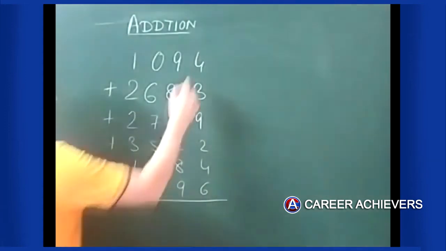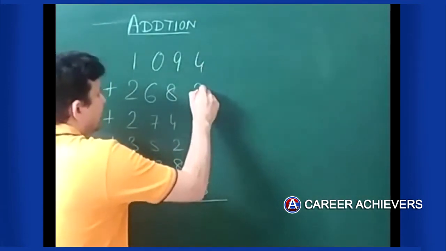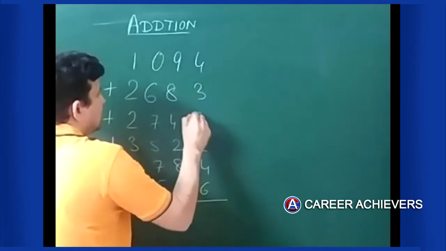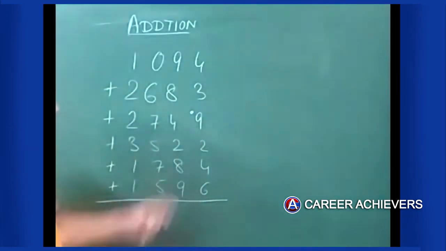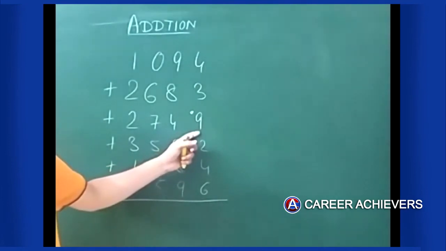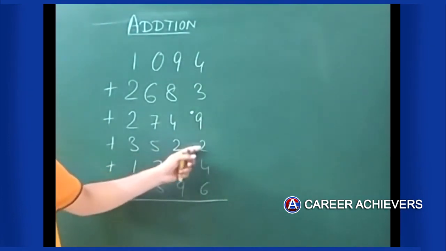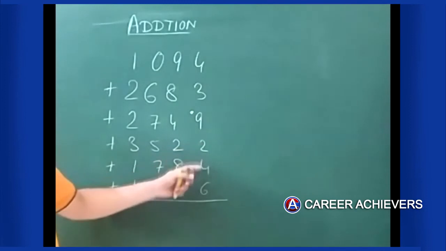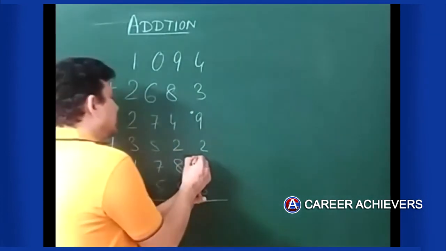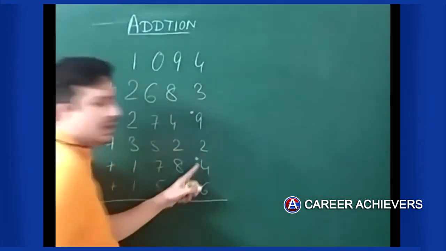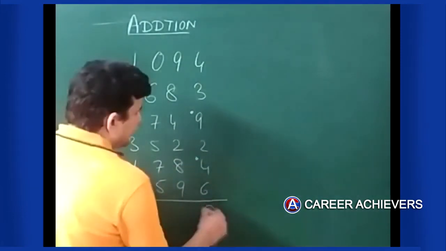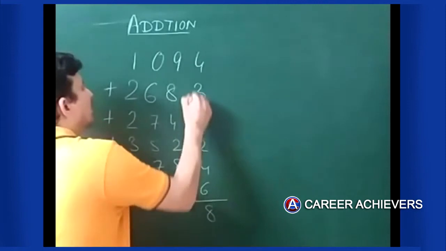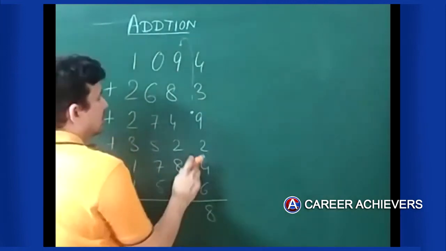So if this is 4, then 4 plus 3 is 7, 7 plus 9 is 16. So I put a dot over here, and then I will proceed just by taking 6. Now 6 plus 2, 8, 8 plus 4 again 12, so I put a dot over here, and I proceed by taking 2, 2 plus 6, 8. In the next step, I count the number of dots.